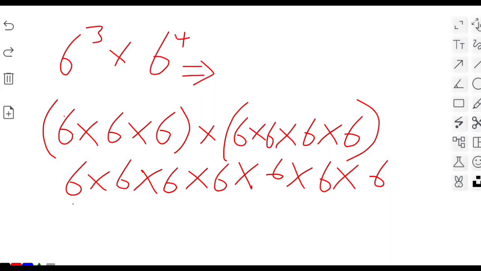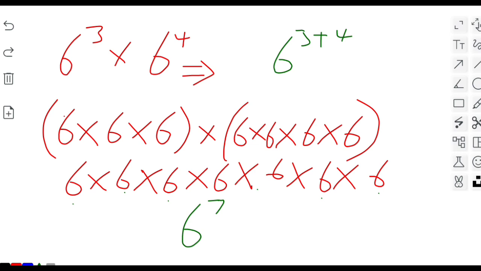We have 1, 2, 3, 4, 5, 6, 7. So this implies that 6 is raised to the power of 7. In other words, to write this in an easier form, I can just say 6 is raised to the power of 3 plus 4.